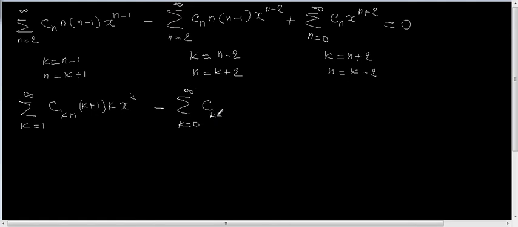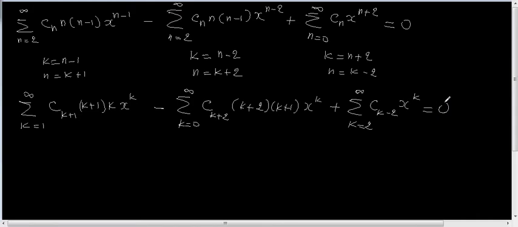C(k+2) times (k+2) times (k+1) x^k, and the last one, the sum of Cn will be C(k-2) x^k, where k now starts at, when n is 0, k will be 2. And this has to be 0.